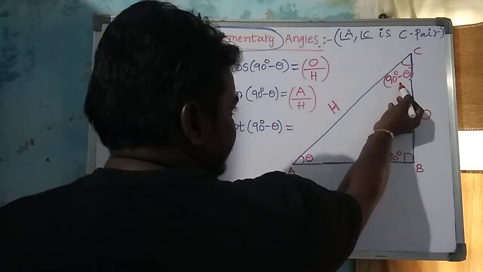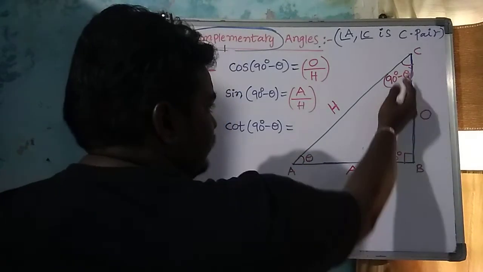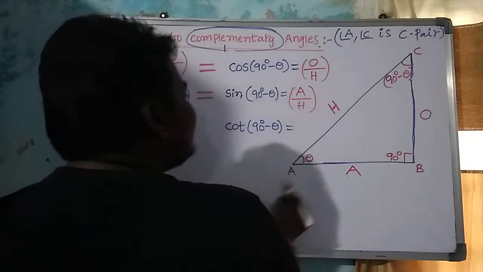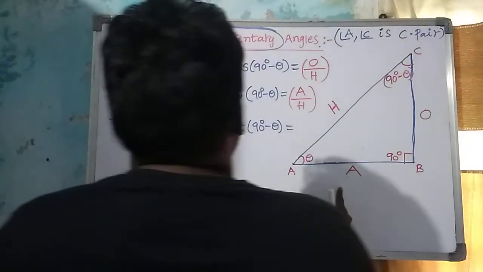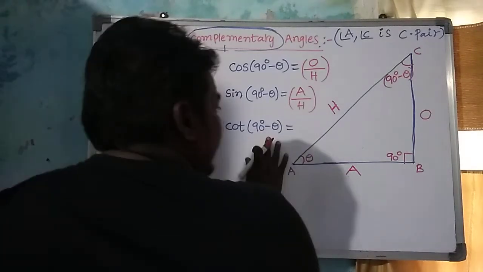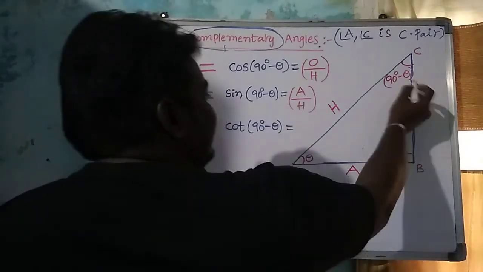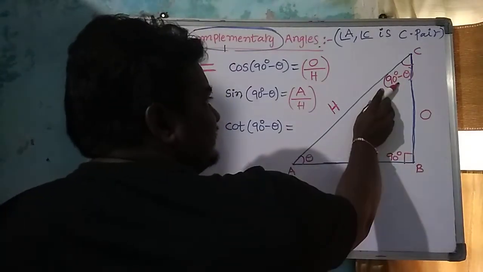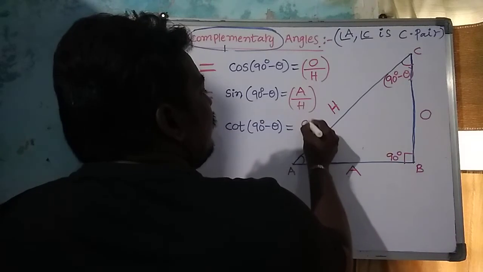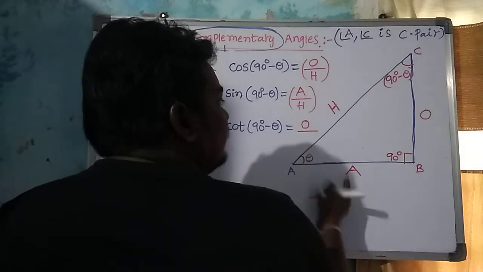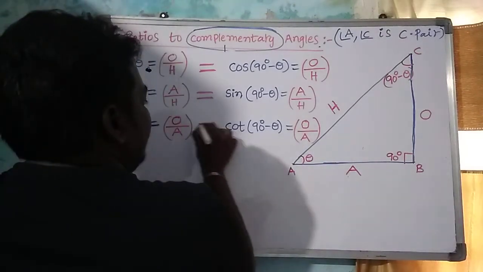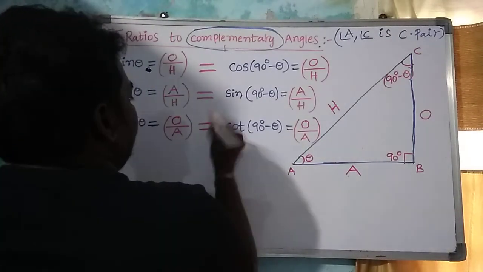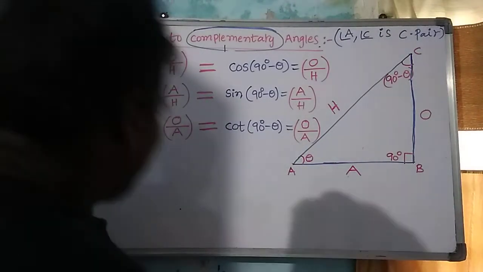This is the reference. Opposite to this we have the adjacent side. Cot theta means adjacent side by opposite. For cot 90 minus theta, the adjacent side is O and the opposite side is A. I can place an equal to symbol nicely here. Can I place it? Yes.